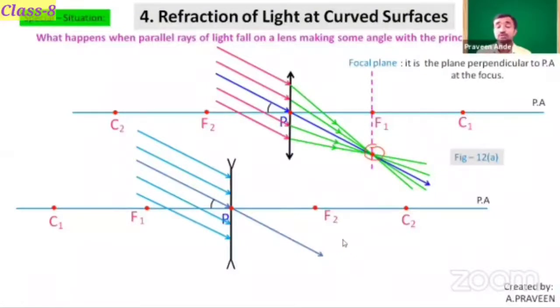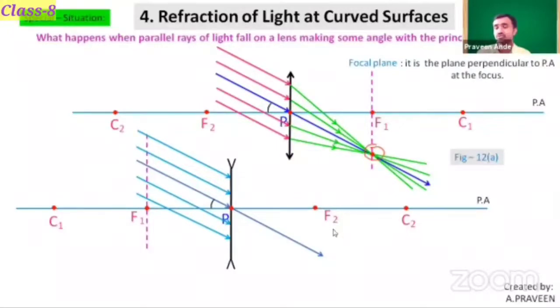Then tell me the behavior of a concave lens towards a parallel beam of light rays. Is it diverging or converging? Diverging. So all the light rays move away from the principal axis. How to identify that? In the previous case, we drew backward rays onto the focus, but here there is no focus. So I have to identify the focus with the help of the focal plane.